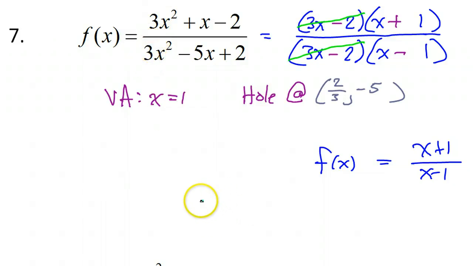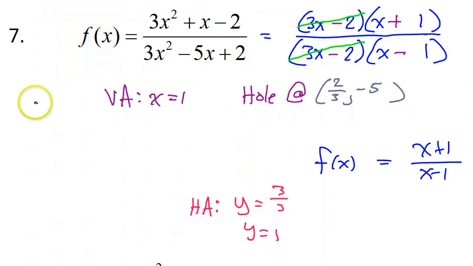So for my horizontal asymptote, I'm going to get that by doing y equals leading coefficient over leading coefficient, right? So that's going to be y equals 1 as my horizontal asymptote. So let me just put it up here with the others. Alright, so I have a horizontal asymptote, y equals 1.